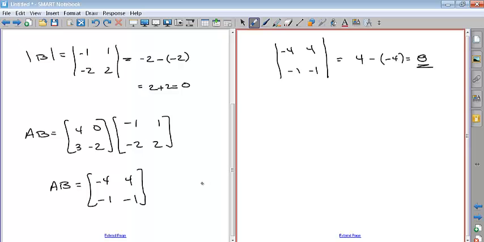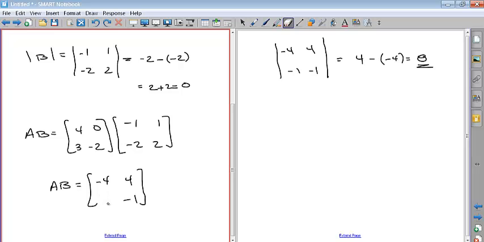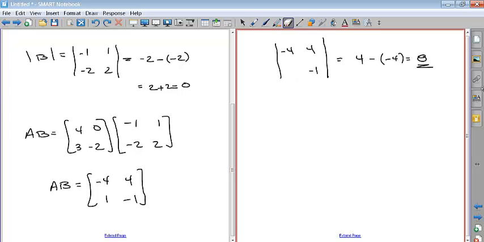Must have done a math error there. Let me try that out. So it's this one. Negative 3 plus 4. Okay, yep, that's plus 1. Okay. 3 times negative 1 is negative 3. This is plus 4. It should be plus 1. So let's go back over here. Change that to plus 1.